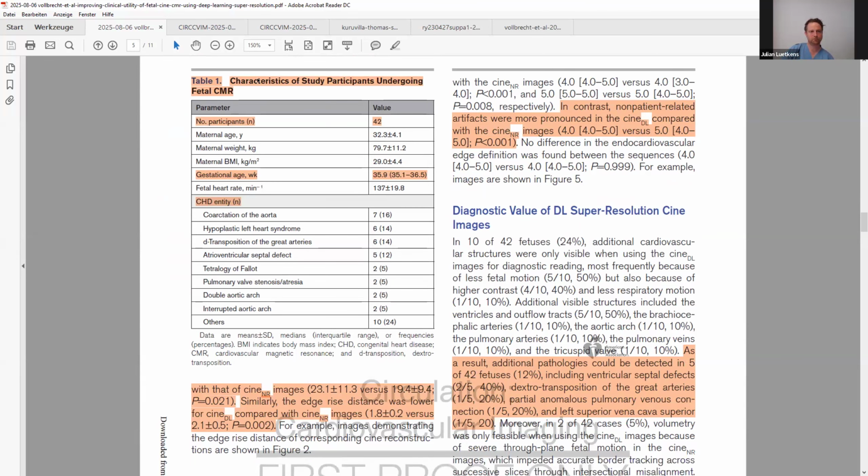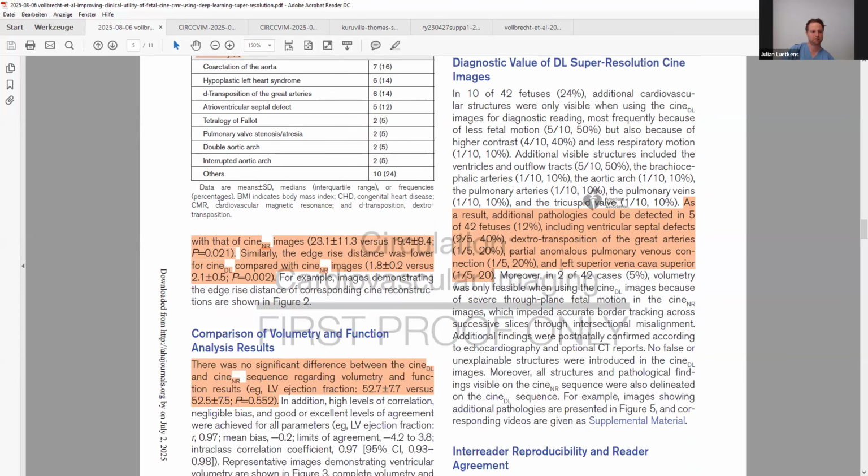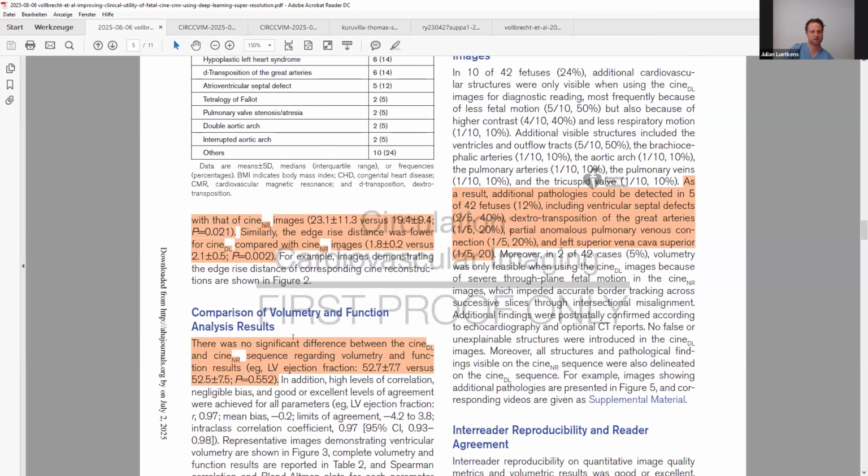Here are the characteristics of the patient cohorts. So we had 42 patients. Mean gestational age was around the 36th week, so it's a very late scan in pregnancy. We had different CHD entities in our cohort, and I think what is interesting is that in the volumetry and functional analysis, there was no difference between the two stacks.